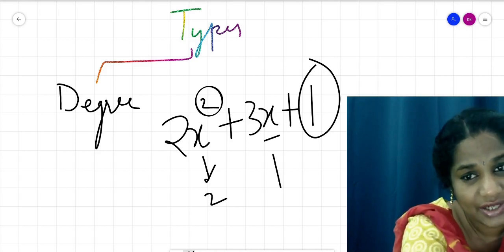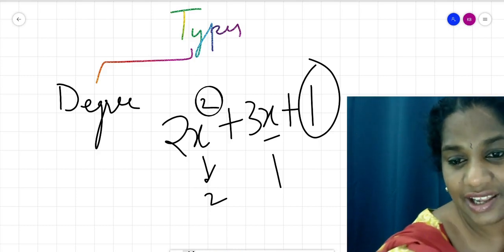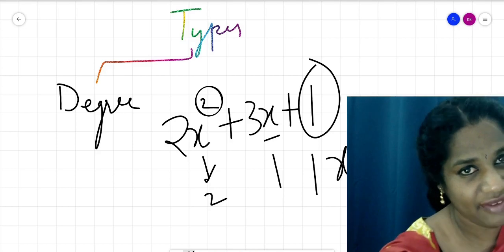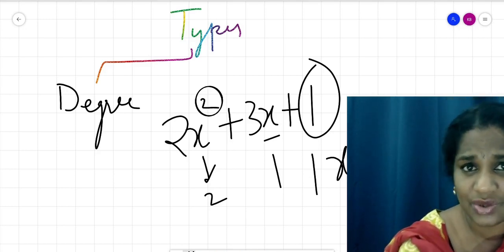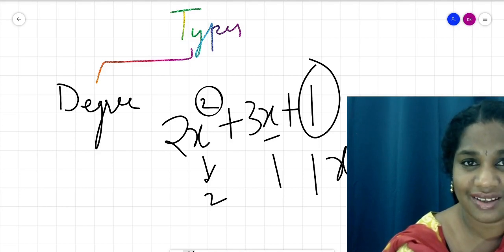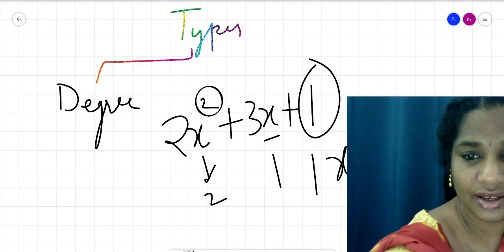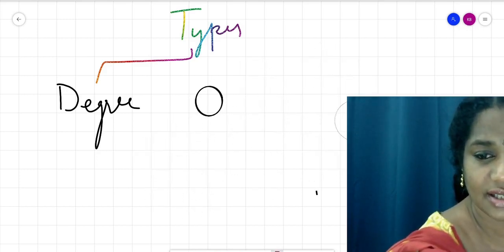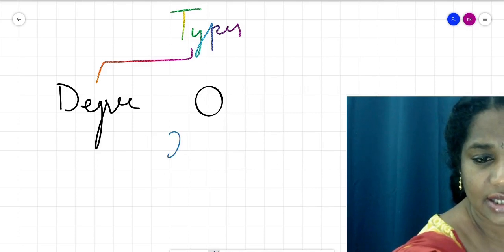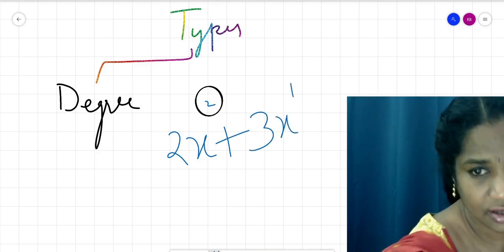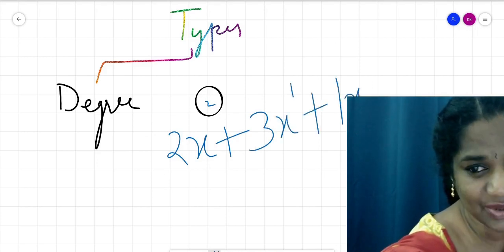So 1, there is no variable here. But if I write 1 into x raised to 0, I will get 1 only, right? Because x raised to the power of 0 is always 1. Exactly. So how can I rewrite this? Let me just rewrite this equation. Can I write it as 2x raised to the power of 2 plus 3x raised to the power of 1 plus 1x raised to the power of 0?